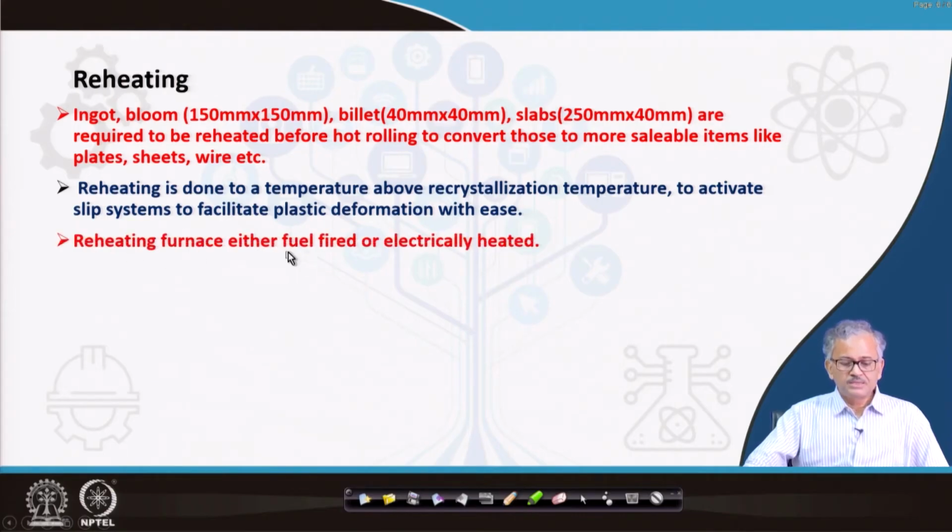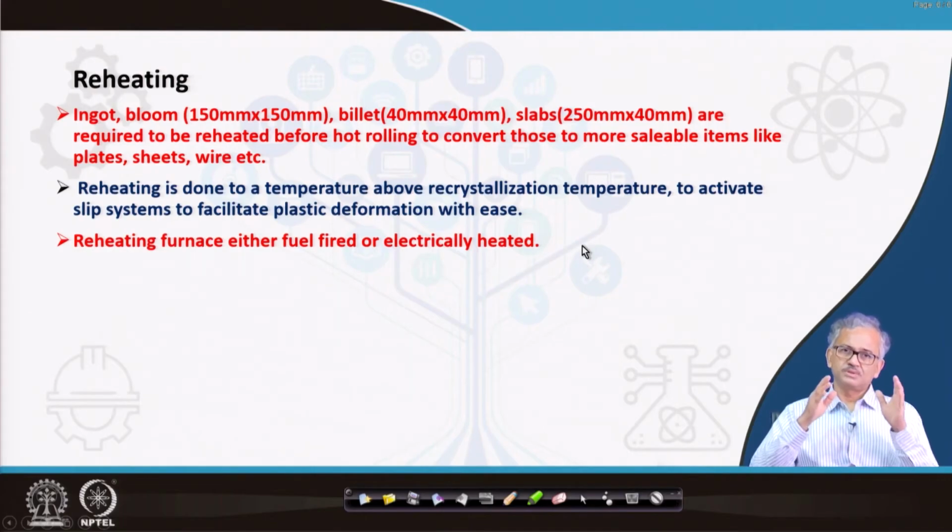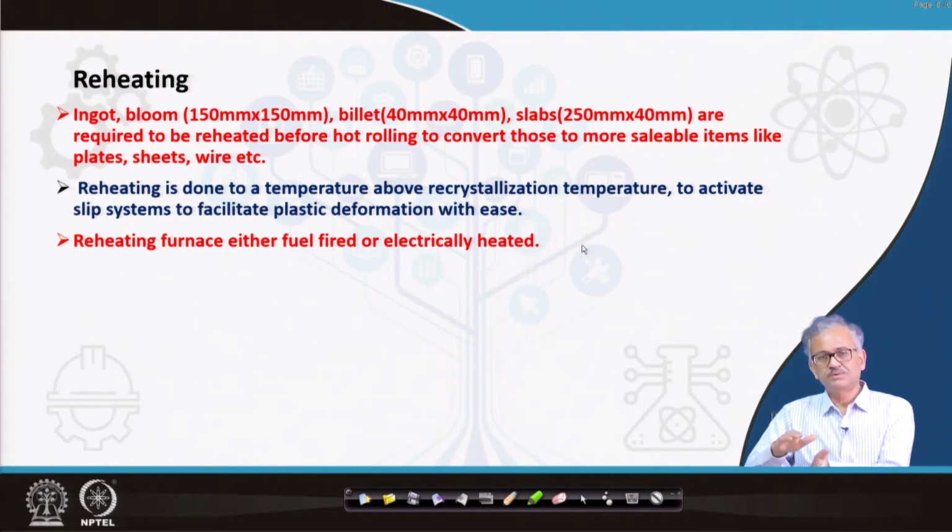That is hot rolling, and the energy requirement is much less. A reheating furnace is either fuel fired or electrically heated. Reheating is essential because when the casting comes out after secondary cooling, the surface gets cooled, and the surface temperature may be 600-700 degrees centigrade.